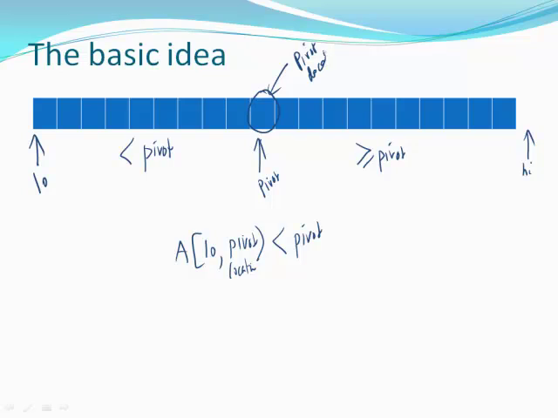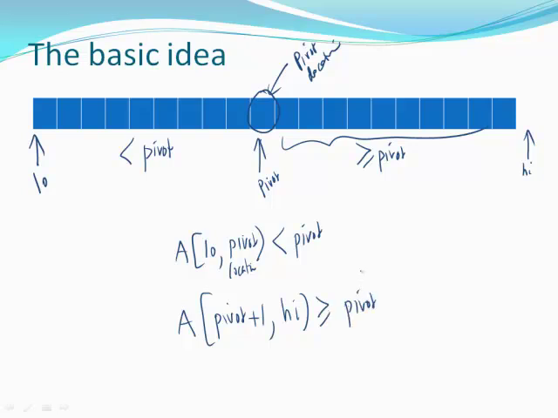So let's call this the pivot location. And the same thing with this side here: all the elements from pivot location plus 1 to high, not included, are greater than or equal to the pivot. So those are the two invariants that we think should be true if we can find a way to partition this and get this array sorted.